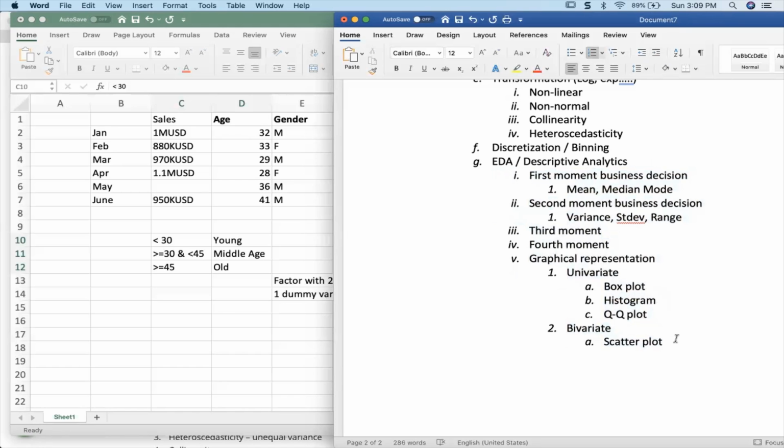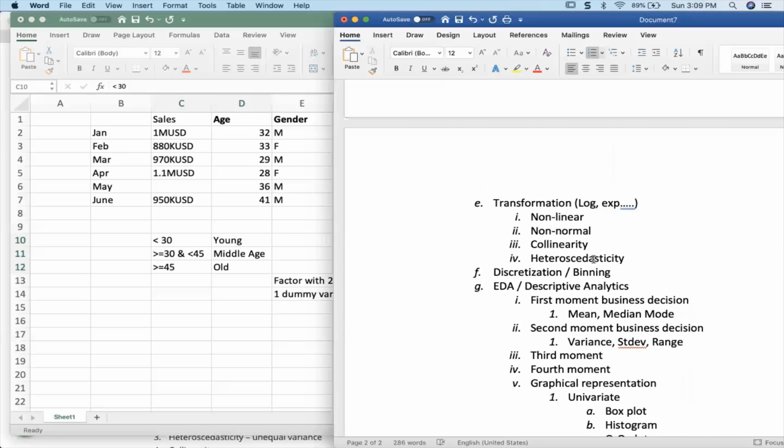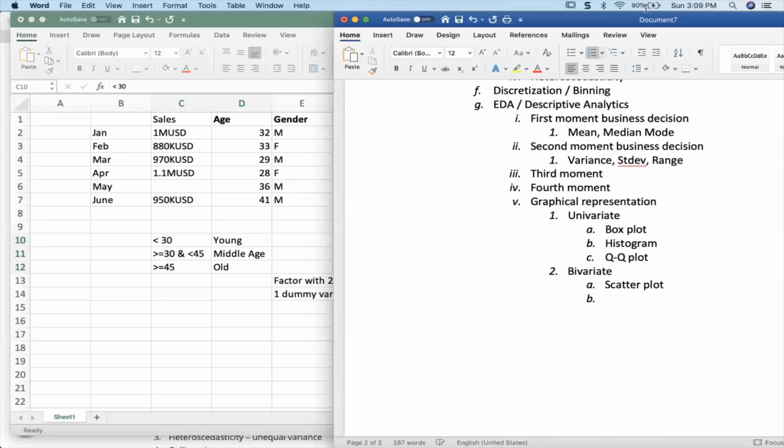Then you have something called feature engineering. Within feature engineering, you have two things: feature extraction and then feature selection.